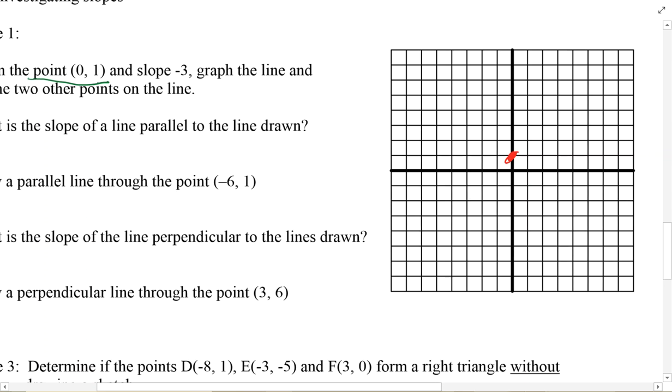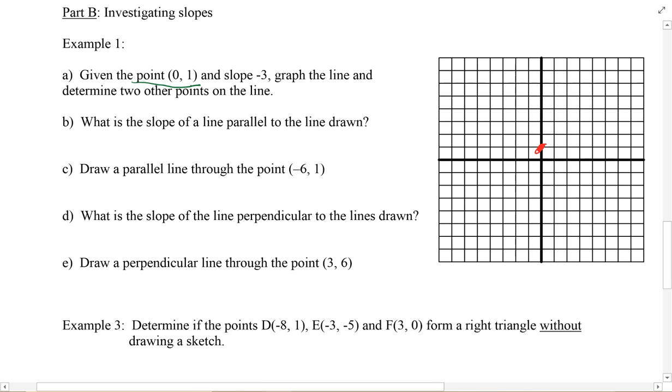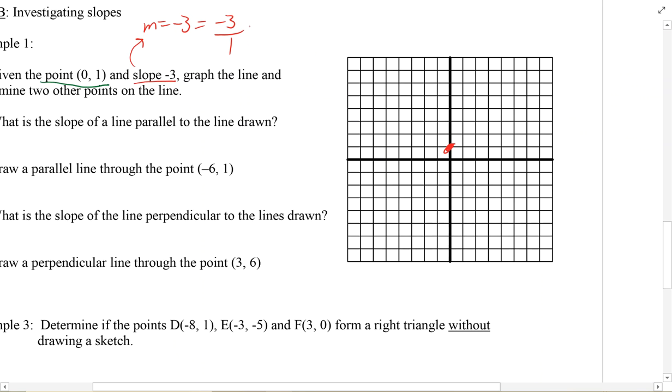So now what you're going to do is draw a line, a slope of negative 3. So what is the negative 3 as a fraction? Negative 3 over 1. What does that tell us to count? Negative tells us to do what? Down. So down 3, right 1.